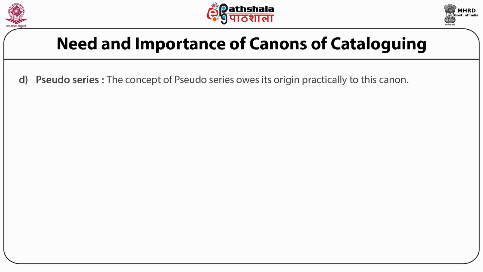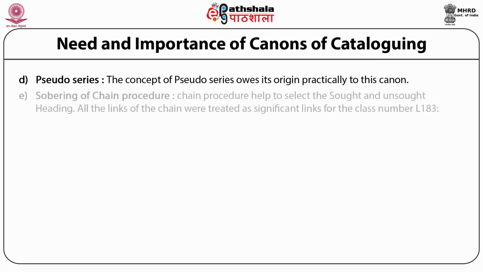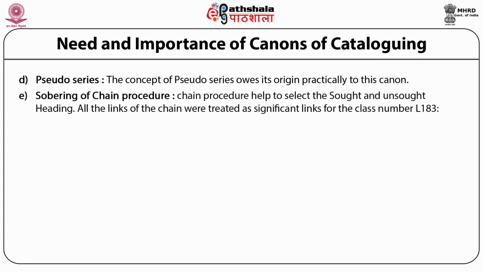Fourth, pseudo-series. The concept of pseudo-series owes its origin practically to this canon. Fifth, chain procedure. Chain procedure helps to select the sought and unsought headings. This is due to Canon of Sought Heading.